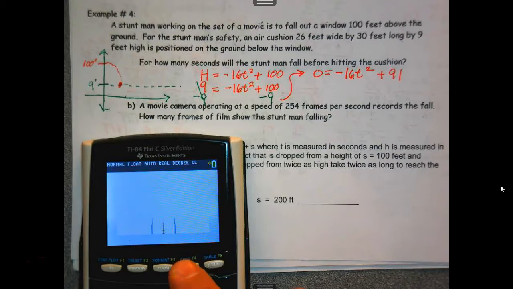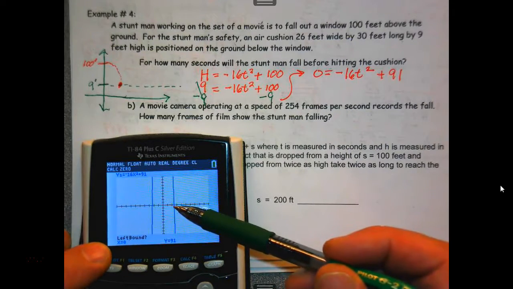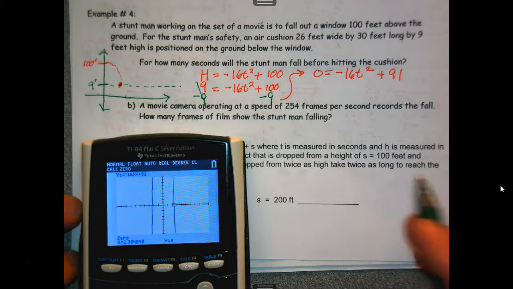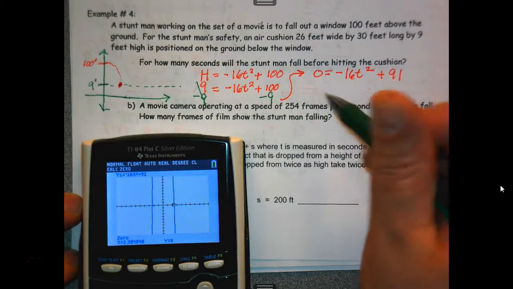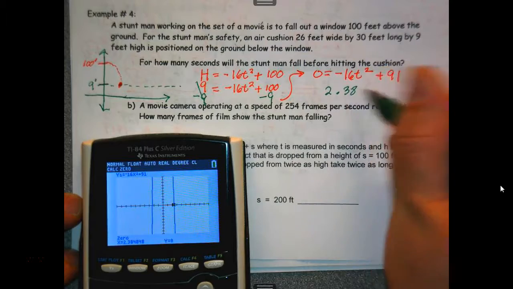Okay, second trace, I need the 0. My cursor's at x equals 0. I need it close to x equals 2, so I'm going to keep going to 2. Oh, there it is. So I hit enter for my left bound, enter for my right bound, guess, and it's going to take 2.38 seconds.